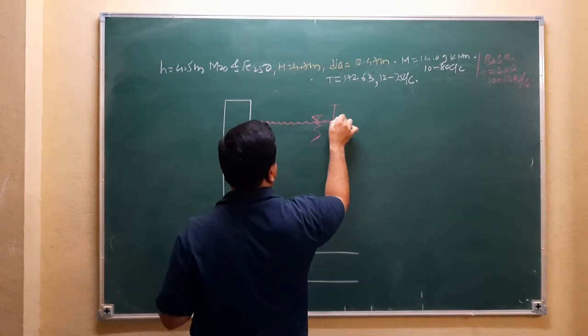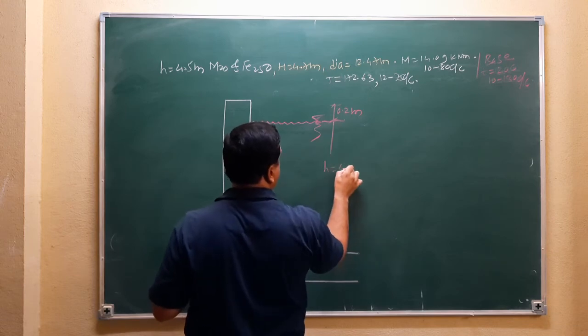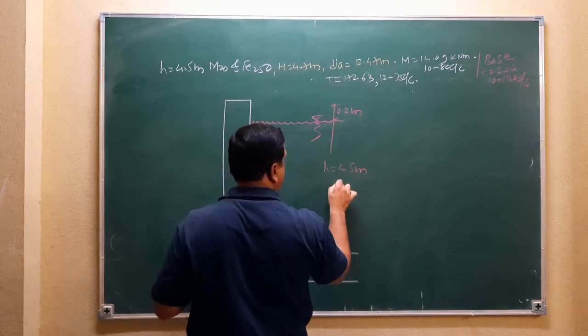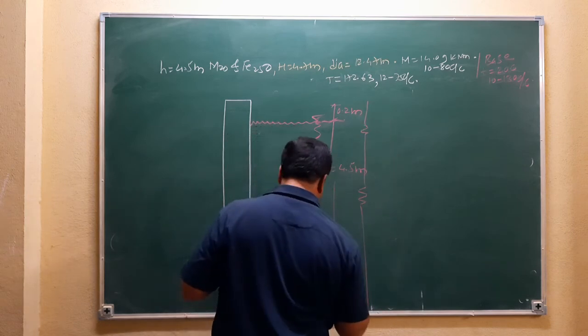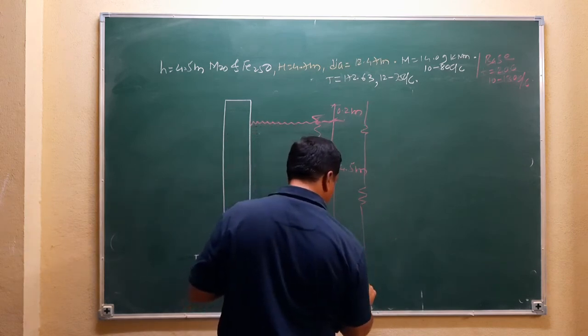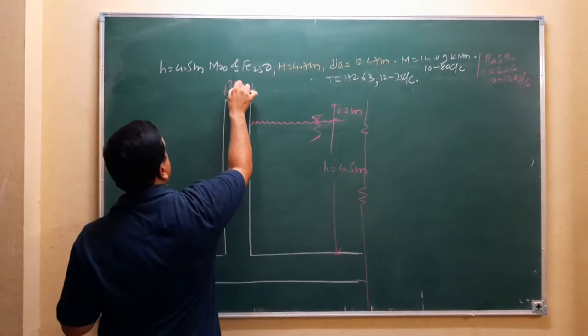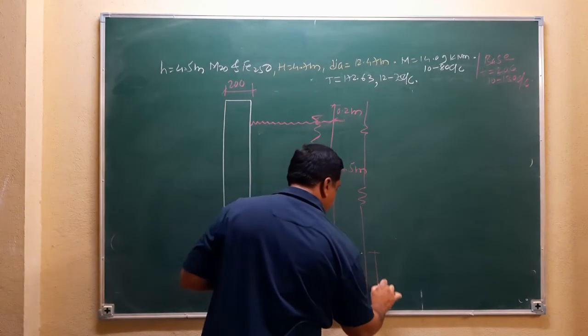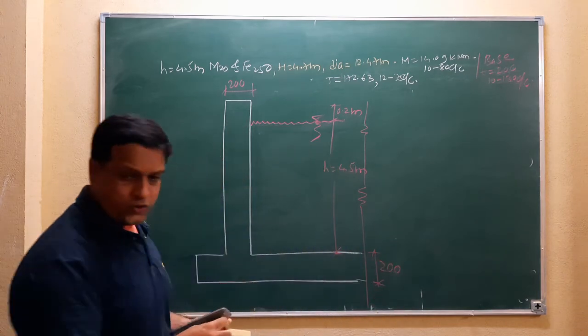We know that freeboard is 0.2 meter, height of water is 4.5 meter. You have to show the cut line like this. So thickness of wall is 200 mm, thickness of base slab is 200 mm. Like this you have to show.